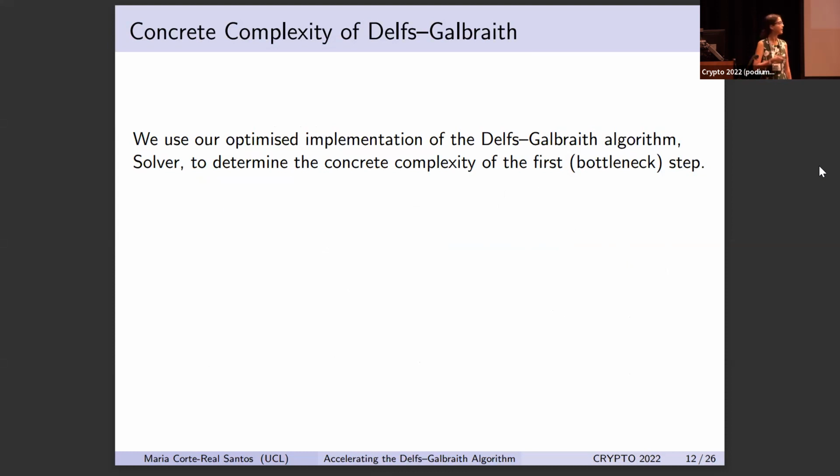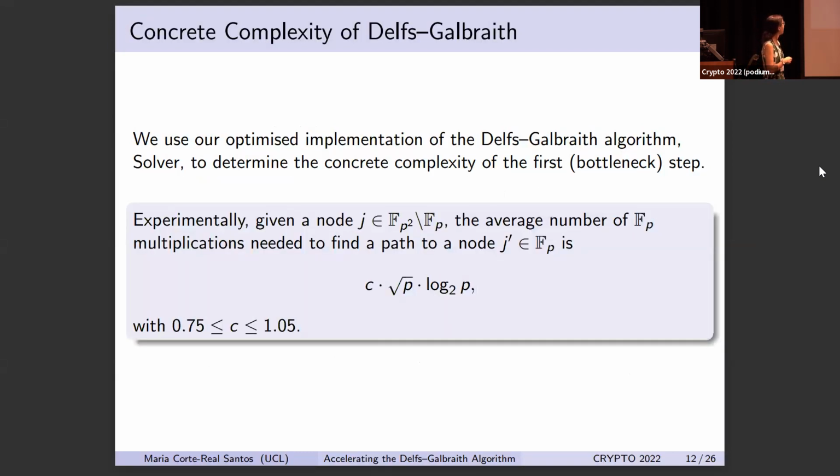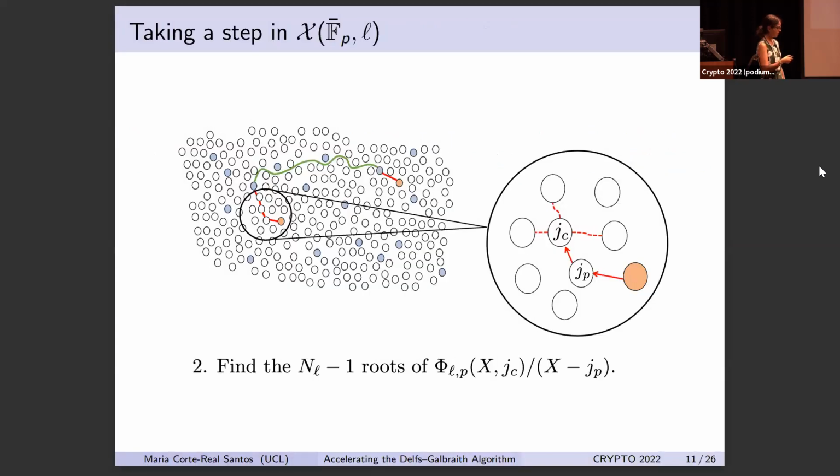And we found that experimentally, this was the concrete complexity of the algorithm. And just on a high level, some of the optimizations we did was choosing L to be 2. And this ensured that this polynomial here was quadratic, so it's sort of the easiest case, and you can easily take square roots.